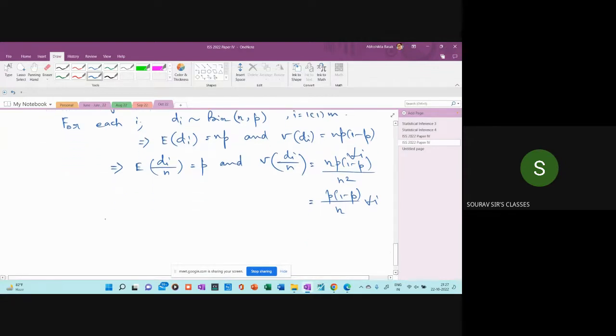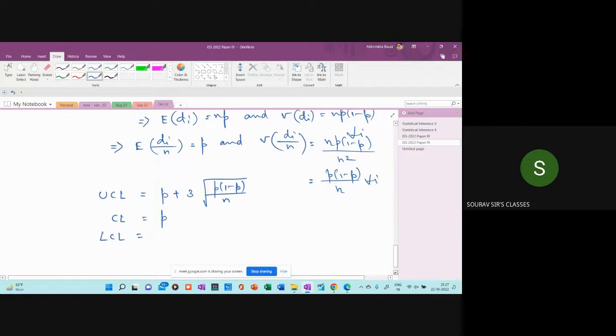So in general, we will have the upper control limit as p plus 3 into the square root of p into 1 minus p by n, that is mu plus 3 sigma. The central line as p, and the lower control limit as p minus 3 into the square root of p into 1 minus p by n.